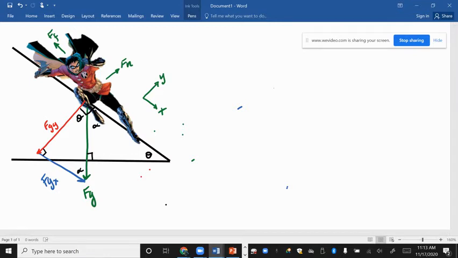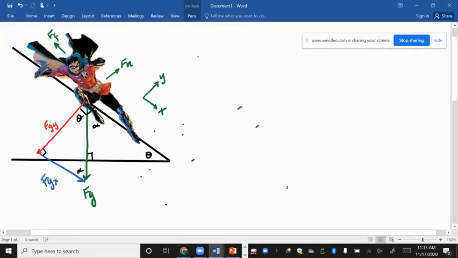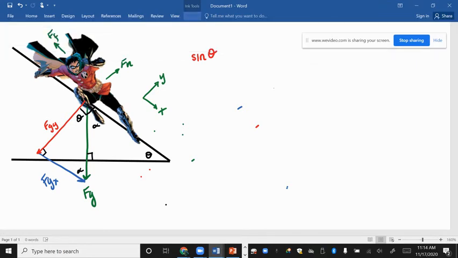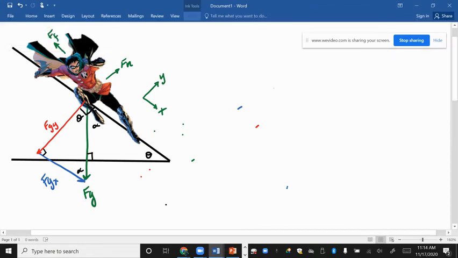The big takeaway is this new setup that I have in green, blue, and red. If we look at sine of theta, sine is defined as opposite over hypotenuse, which means I should not have picked red. I should have picked blue. Man, this is why I don't get paid the big bucks. All right, let's try that again.